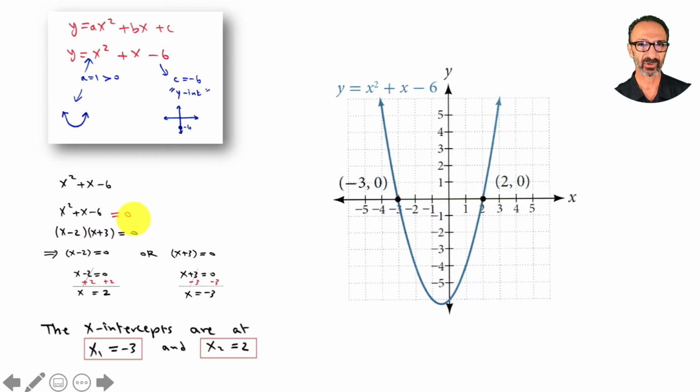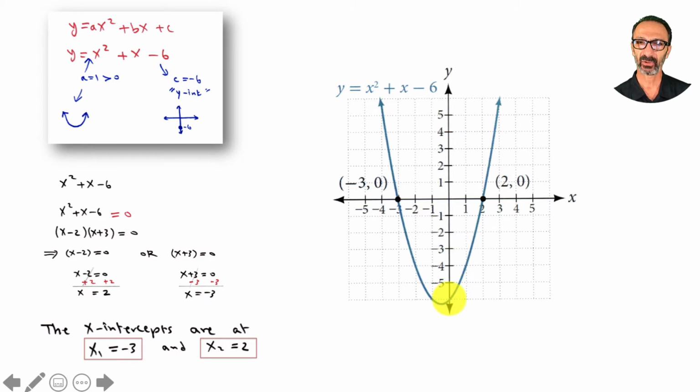I'm finding the zeros, or the values where y equals 0, which are also called x-intercepts. So the whole idea is you set this equal to 0, you factor it, you look for these points: 2 and negative 3. The graph opens up, as I mentioned earlier, and the y-intercept is at negative 6, which is right there.